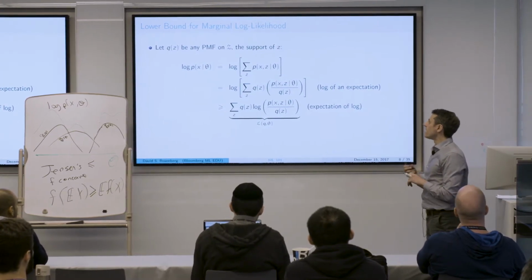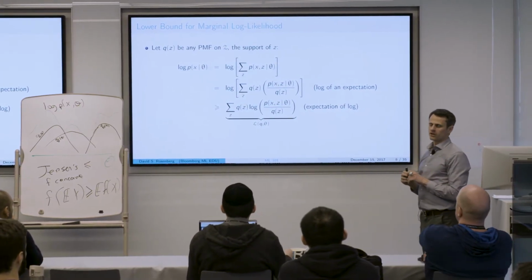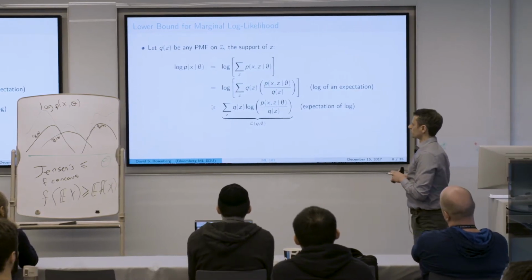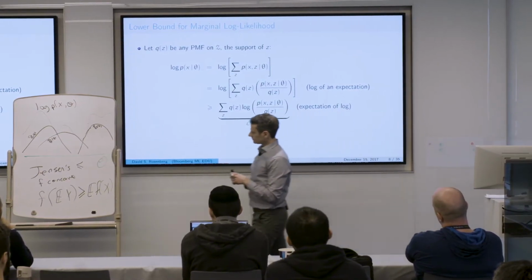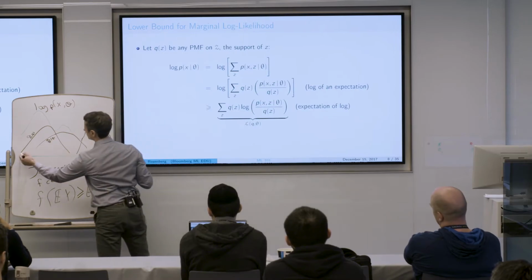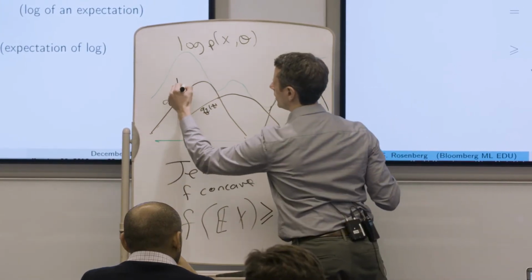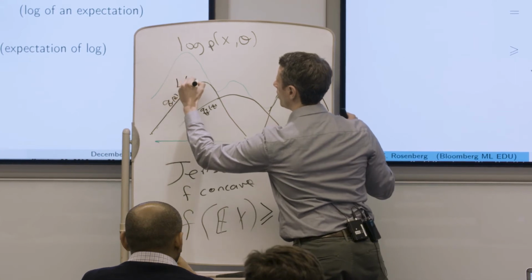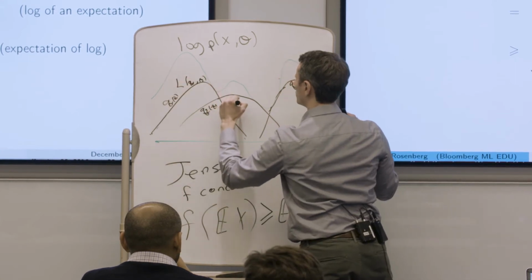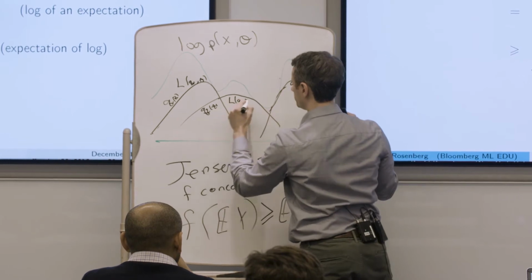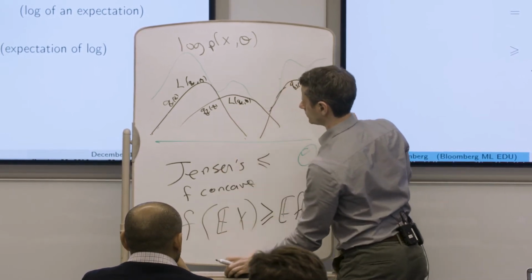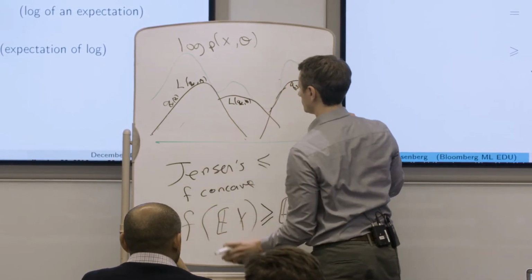Now this holds for every q and theta. It's an unrestricted choice of q. So for any fixed q, this would be L_q(theta). I'll just write that: L_q1(theta), L_q2(theta).